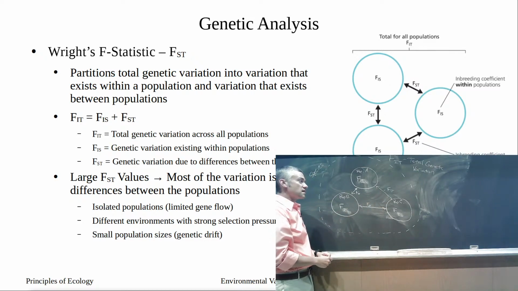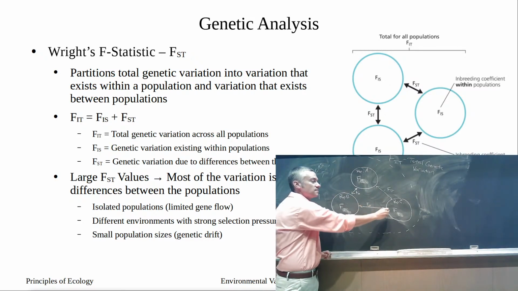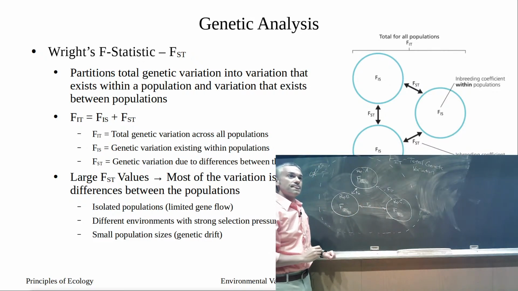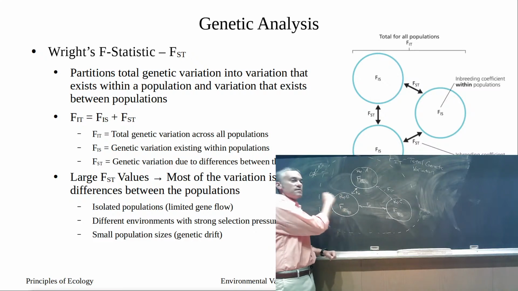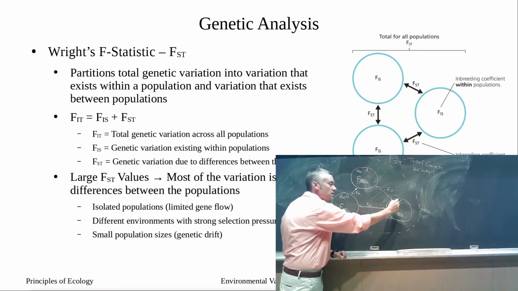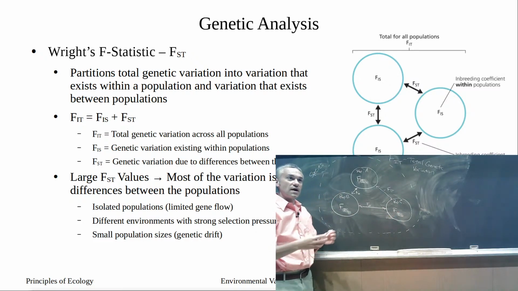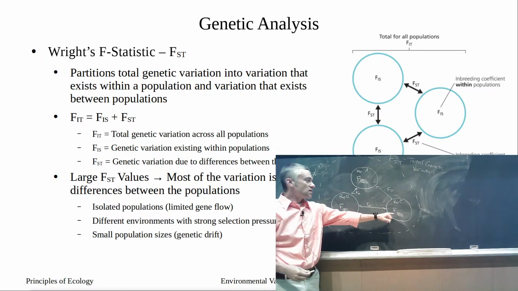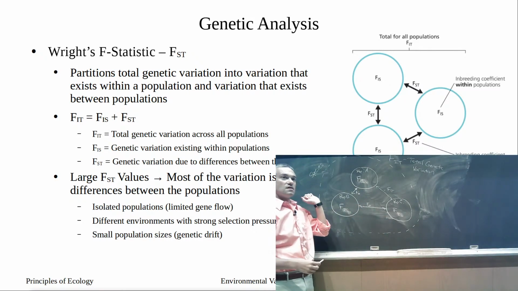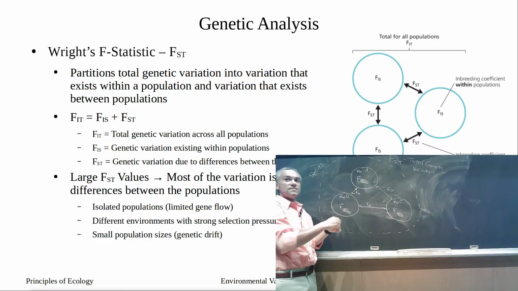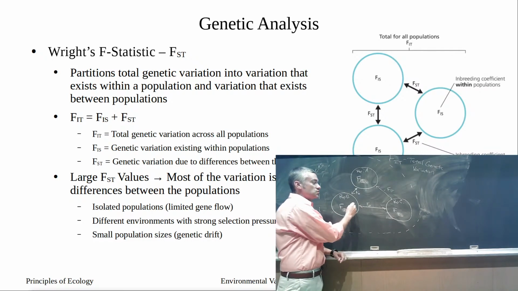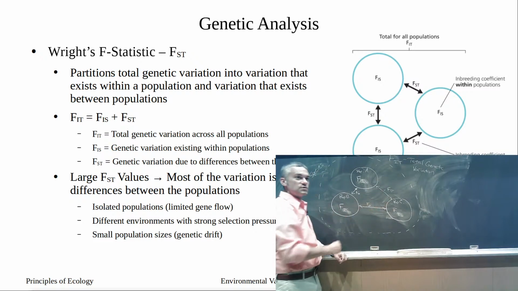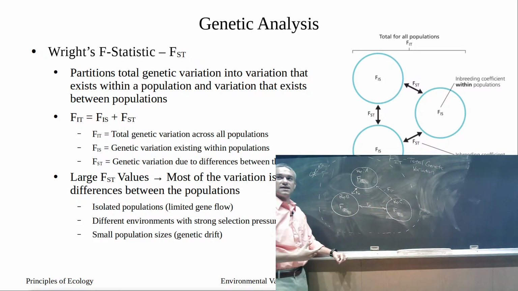So it's a lot like if each of these has a mean. Let's say it's short, medium, and large. All right? We know how much the short varies. We know how much all of the medium varies. We know how much all of the large varies. We've got ranges. That's your FIS values. And then if we compare short to medium and say this is how much difference there is between short and medium, and how much there is between medium and large, and how much difference there is between short and large, that's the FST.